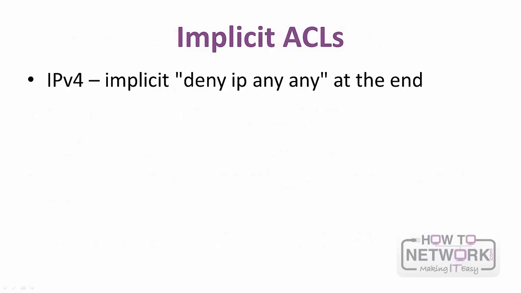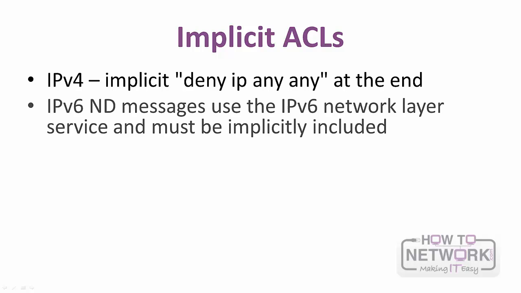In IPv4, there is an implicit deny IP any statement at the end of each access list. That is okay because ARP messages, which are equivalent to the IPv6 neighbor discovery process, are not sent over IPv4. However, IPv6 neighbor discovery messages do use the IPv6 network layer service and must be implicitly included in the IPv6 ACLs.